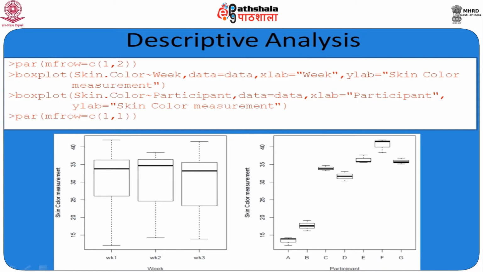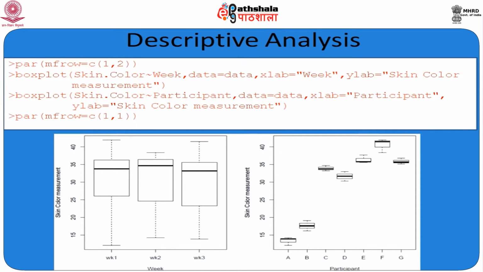That means participant to participant variation is very high, and maybe this part would be significant, but the week part may not be. Let's have a look in the test, then we can conclude. But I am going to show you different alternatives, because there is not a single function in R to perform this particular test.